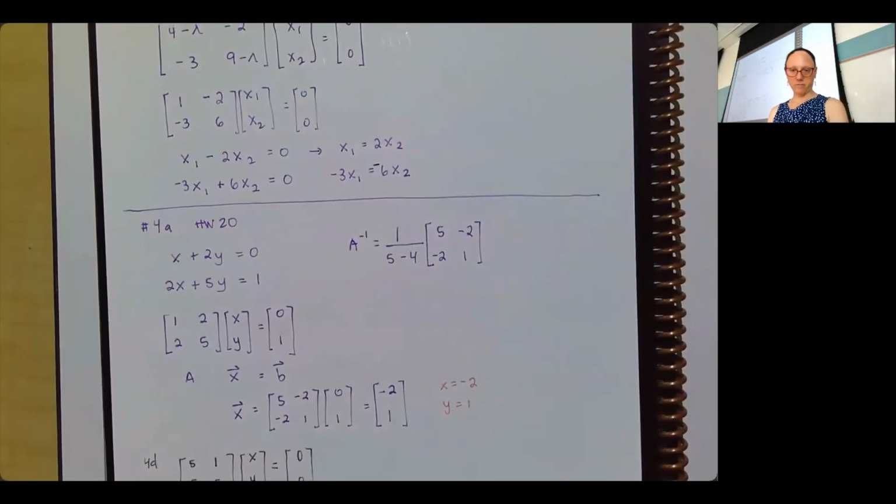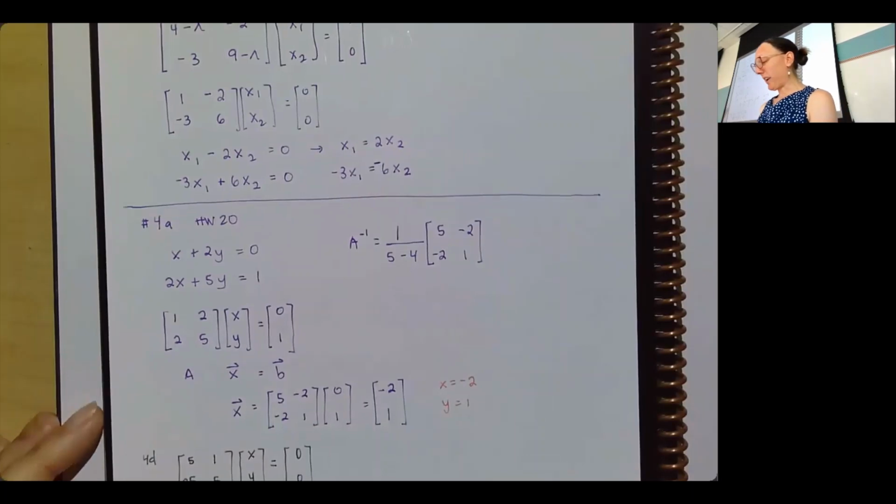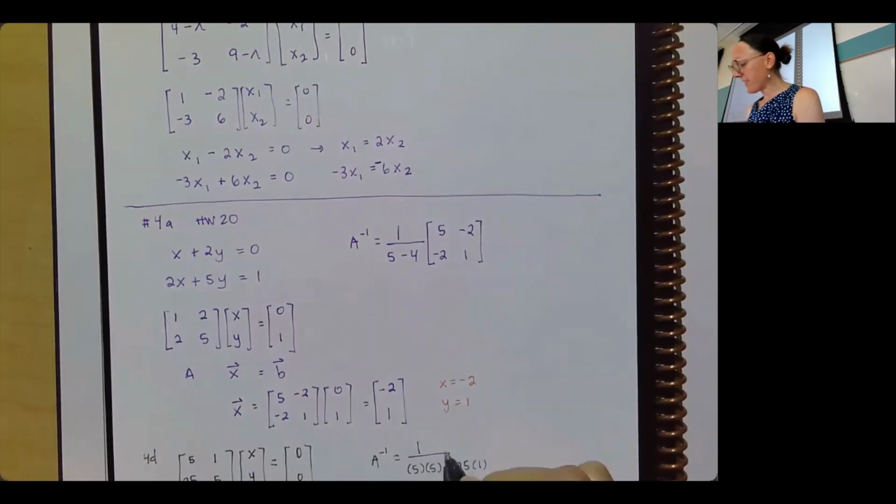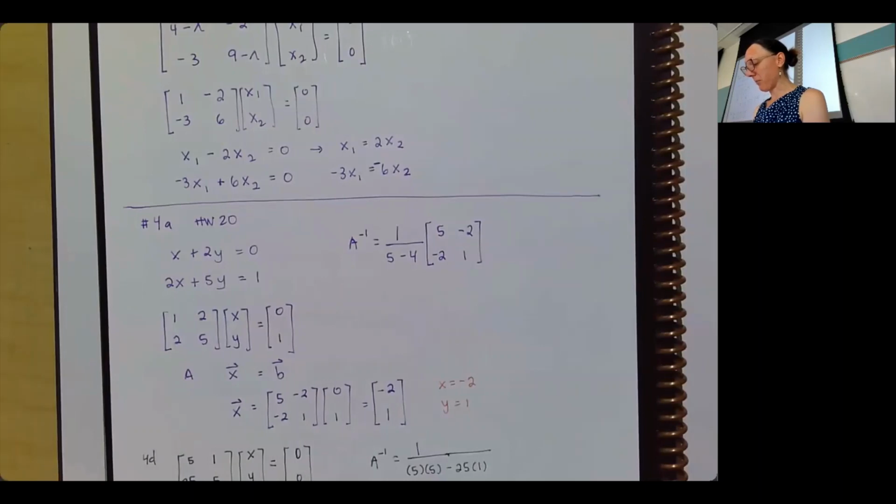Yes. So when I go to find the determinant of this matrix, if that's my A and I go to find A inverse, then I would have 5 times 5 minus 25 times 1. So I know that it's not invertible.